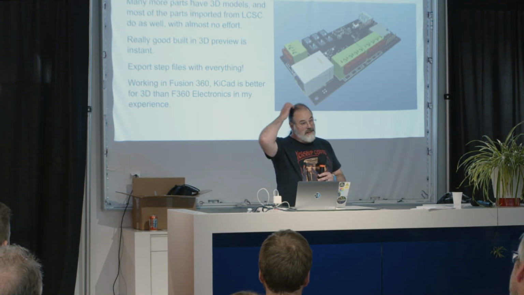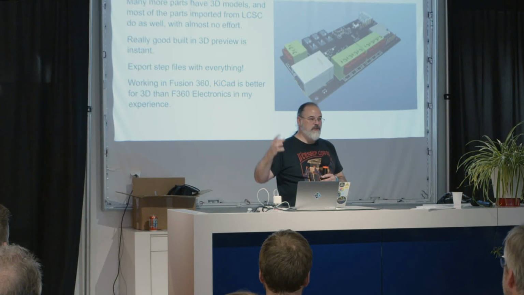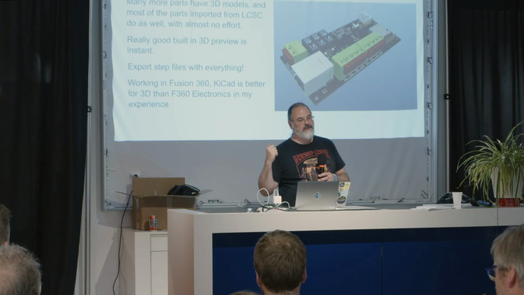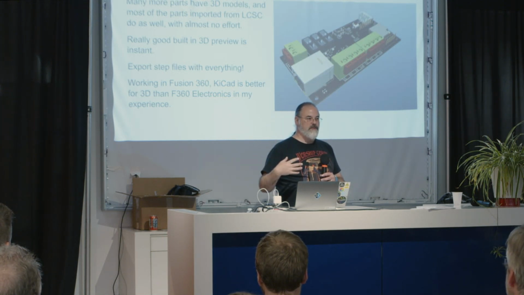I don't know if anybody has done the Eagle thing, but you can take your Eagle PCB files and push them to a 3D PCB, and that takes a while. And then you can import that 3D. You can't obviously model that 3D PCB; you have to pull that into mechanical design.